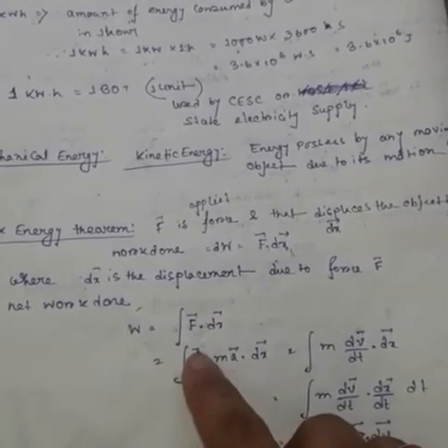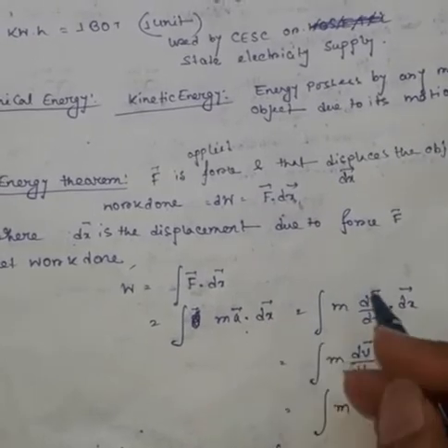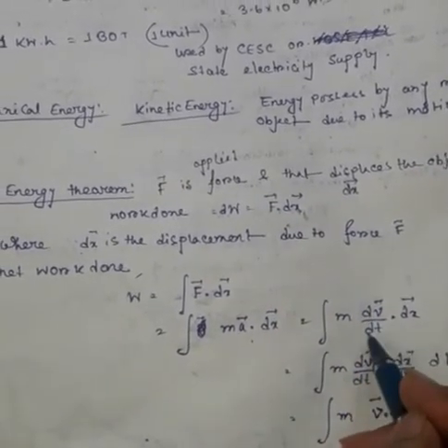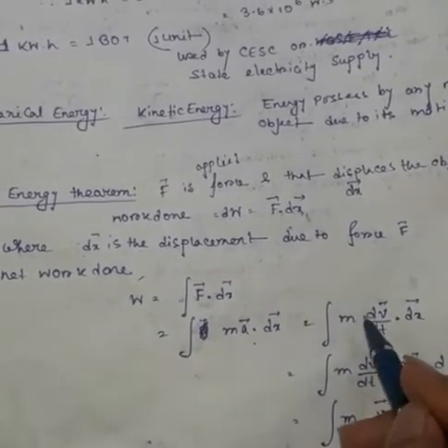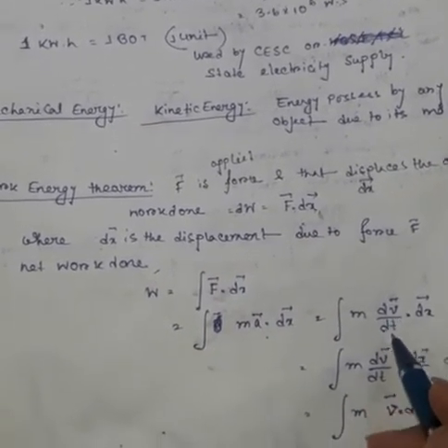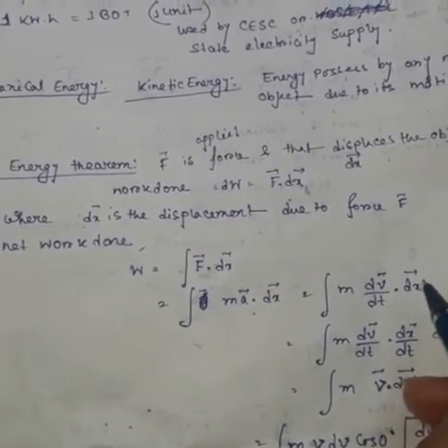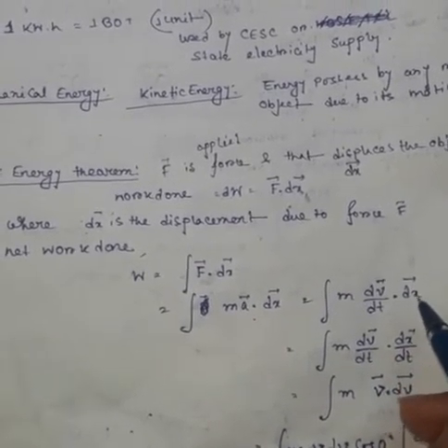Now F can be written as m into a, again a vector, dot dx. So a is dv/dt, the rate of change of velocity. v is again a vector. So just use a little trick: divide dx with dt.